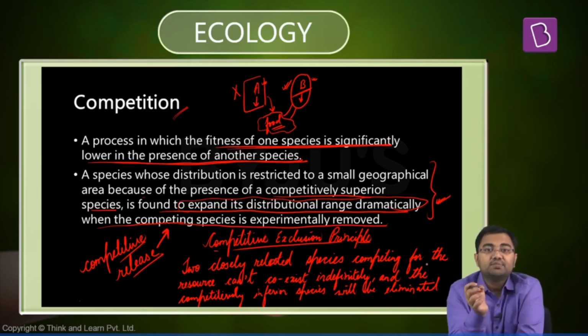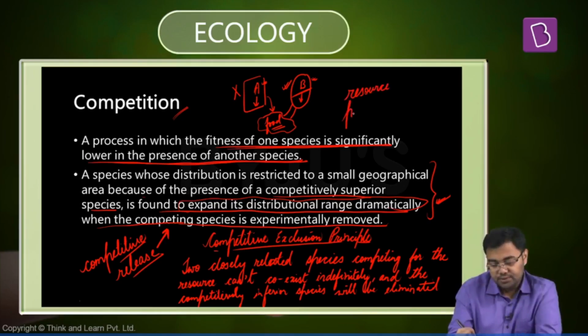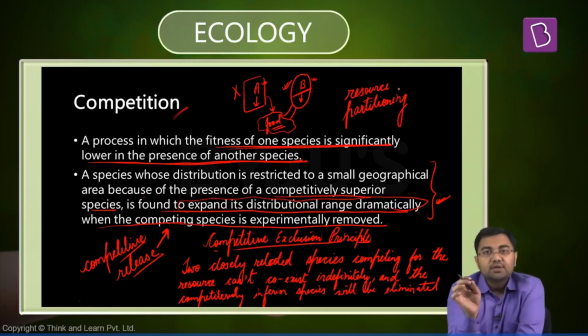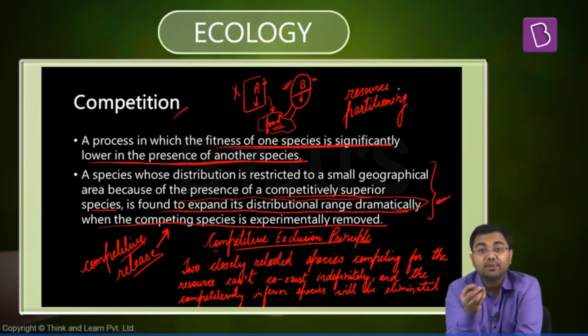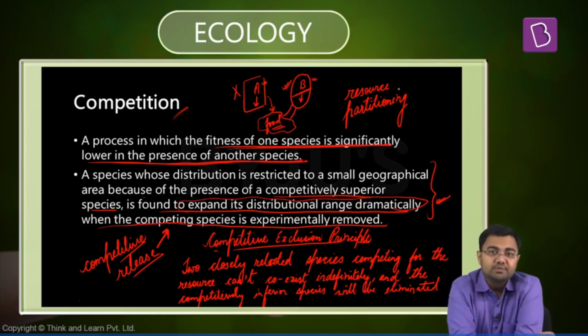One such mechanism is called resource partitioning. What is resource partitioning? If two species compete for the same resource, they could avoid competition by choosing different environments or different conditions, for example different times for feeding or different feeding patterns. So all this is possible.